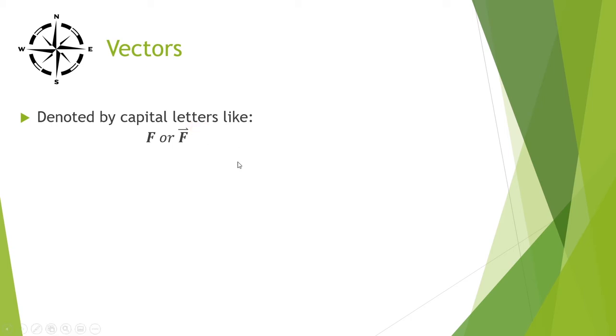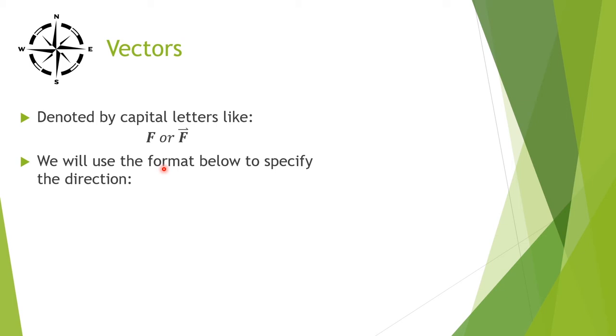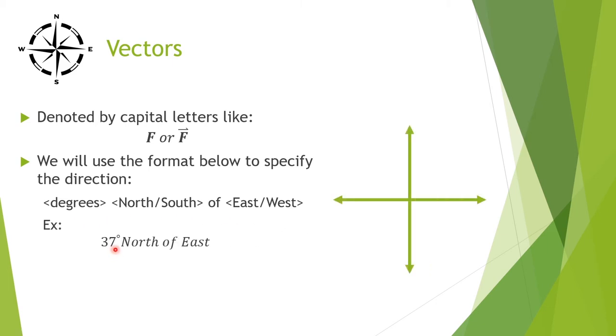So we will be using emboldened capital letters a lot in physics, especially here in your book. And then we will use the form below to specify the direction. First, the degrees. It says north or south of another direction. It may be confusing. An example is like this: 37 degrees north of east.